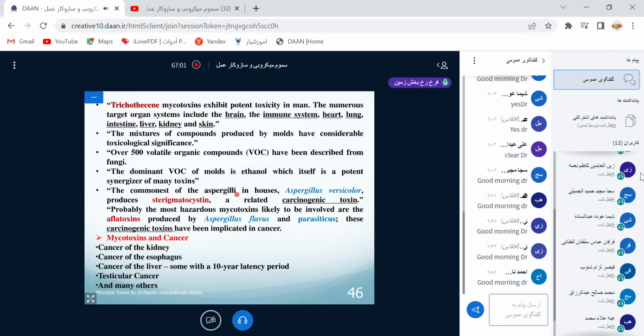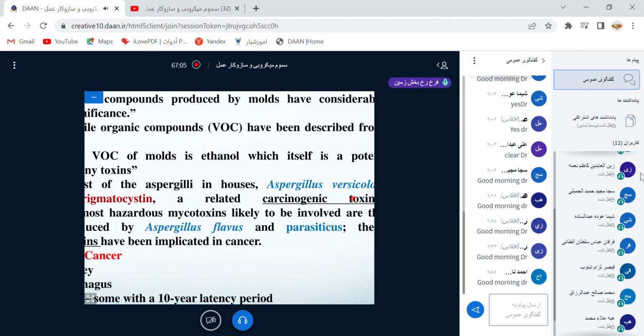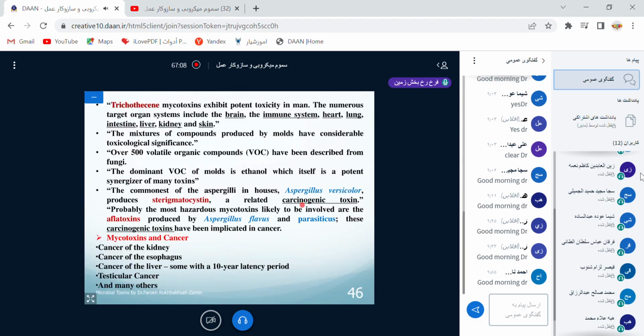The commonest of the aspergilli in houses is Aspergillus versicolor. A few minutes back I told you about people who live in a place that is humid and warm.